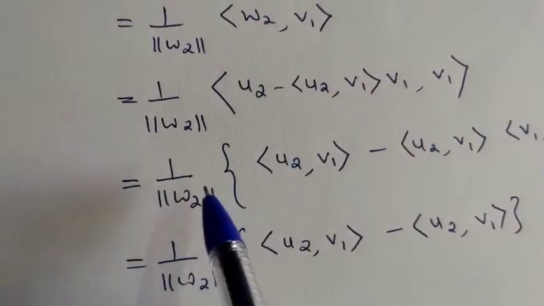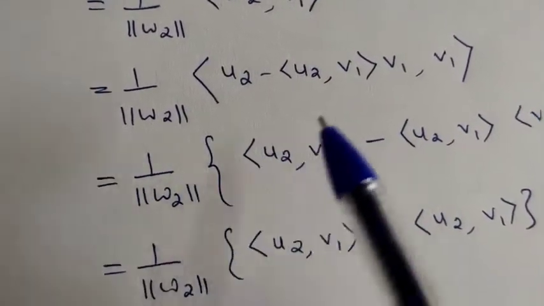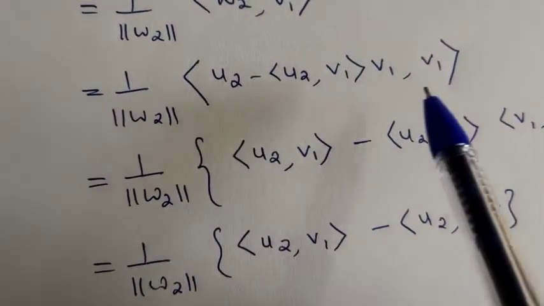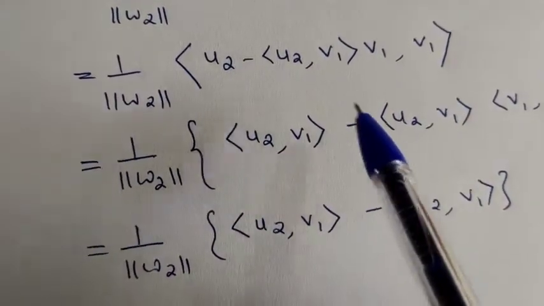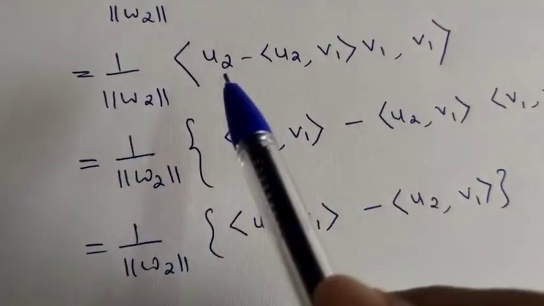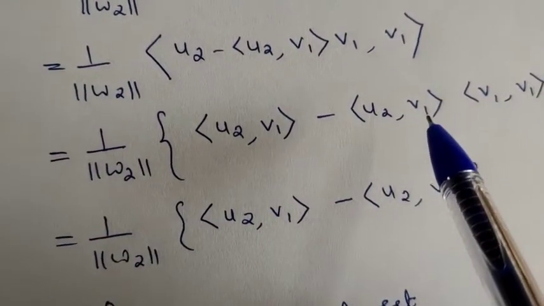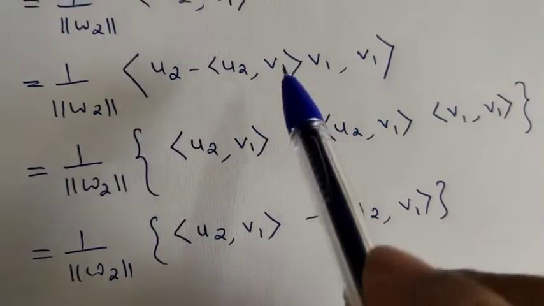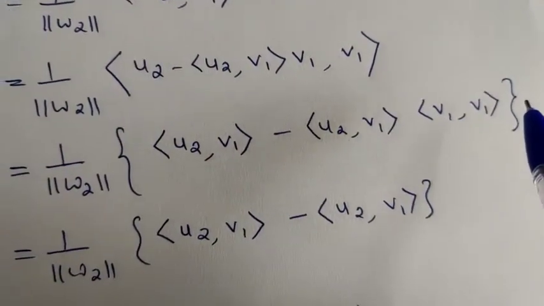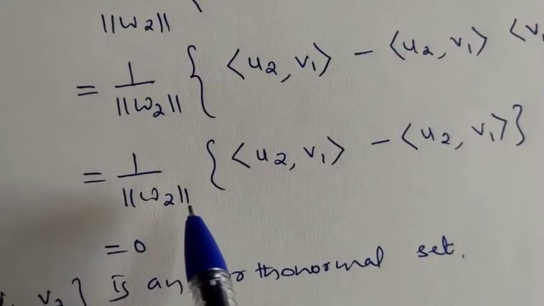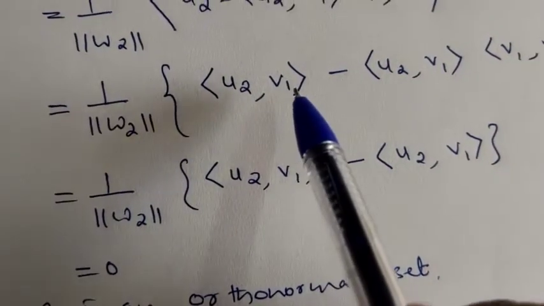So you split this inner product: it becomes the inner product of u2 comma v1 minus, taking the scalar out like alpha, the inner product of u2 comma v1 times the inner product of v1 comma v1. So this is equal to 1 over norm of w2 into u2 comma v1.